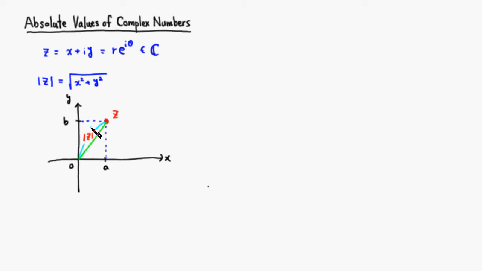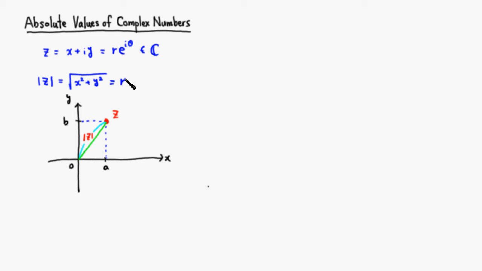So in this case it's the square root of a squared plus b squared, or x squared plus y squared. And in polar coordinates, this is simply r.